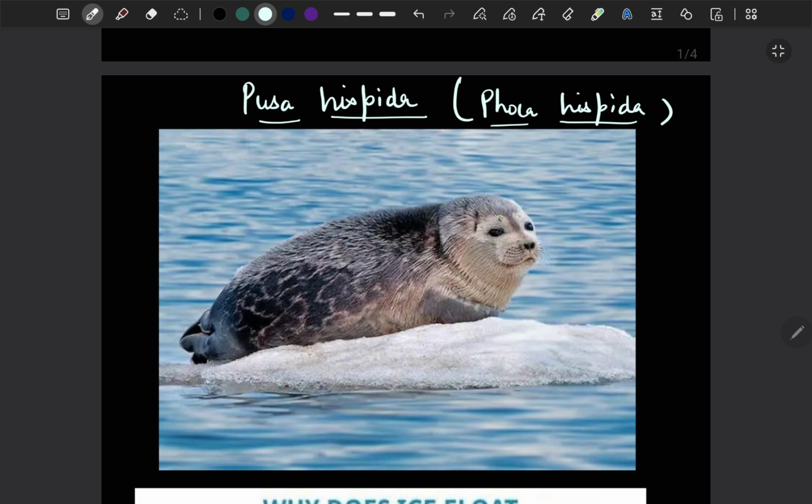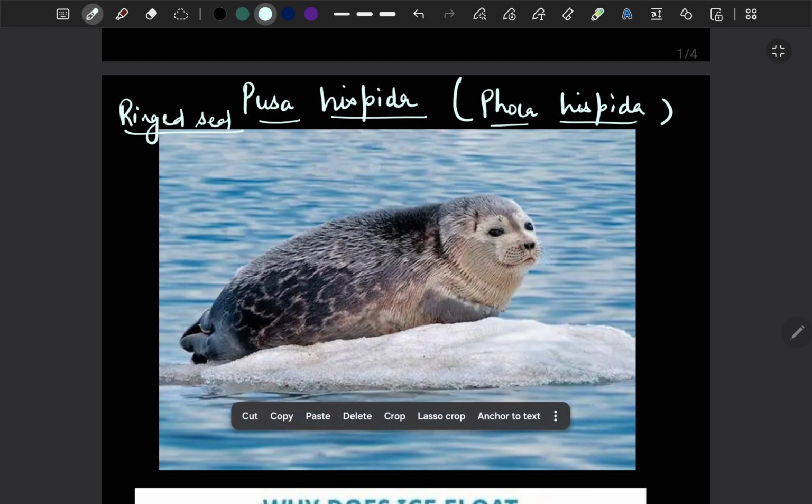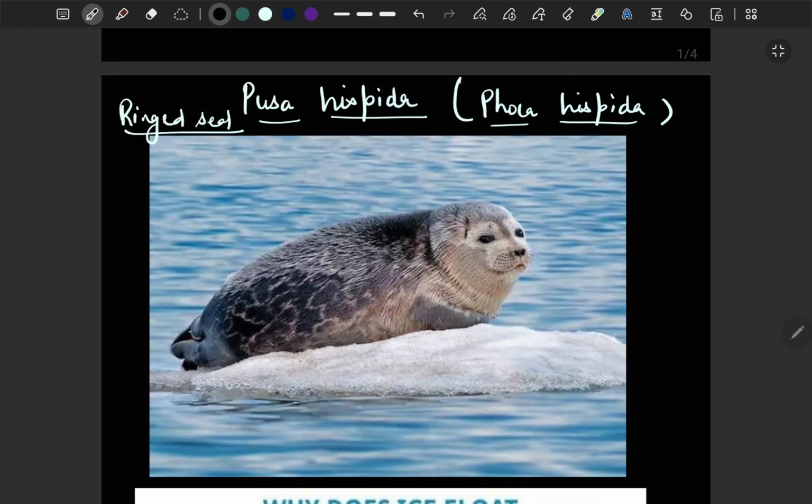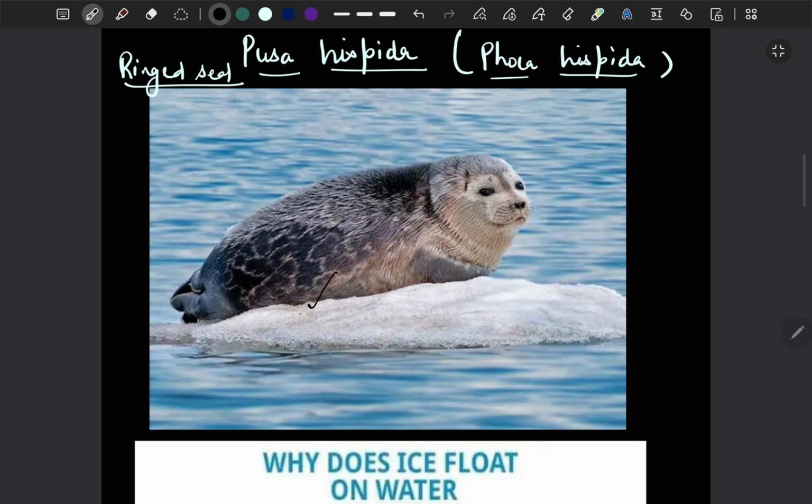This is the ringed seal. You can see the rings on its body. So this is the smallest seal found in the Arctic, and it is a very abundant seal in the Arctic Sea. It is sitting here, or taking rest, on the iceberg.